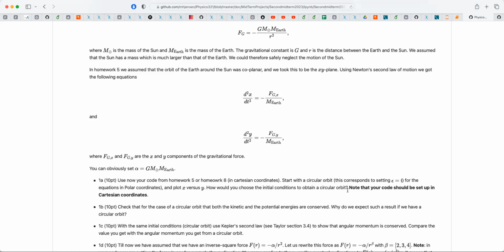So if you now go back to the homework from last week, homework 8, where you did the harmonic oscillator in 2 dimensions, the only thing you actually need to do is to take that code and replace the force, which came from a harmonic oscillator potential, with a gravitational force. Essentially, that's the only thing you need to do, in addition to scale some parameters, which we're coming back to on Wednesday.